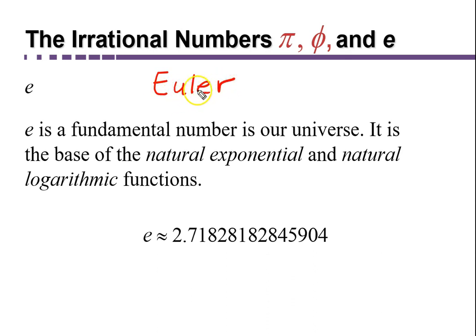You might pronounce it one way, but the correct pronunciation is Euler, O-I-L-E-R. That's the correct way to pronounce it.